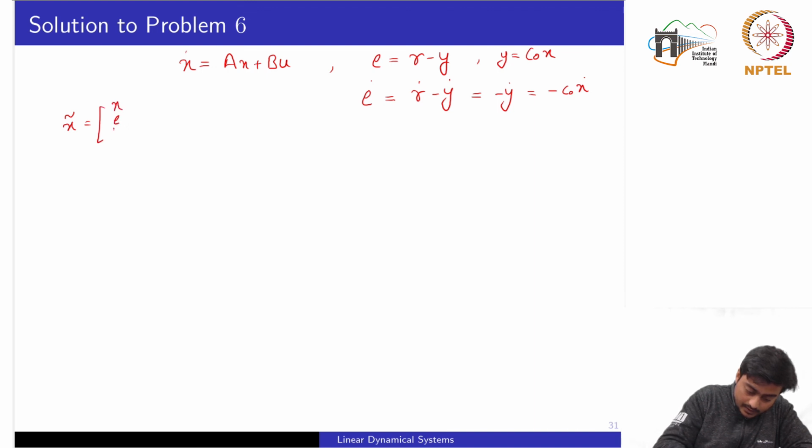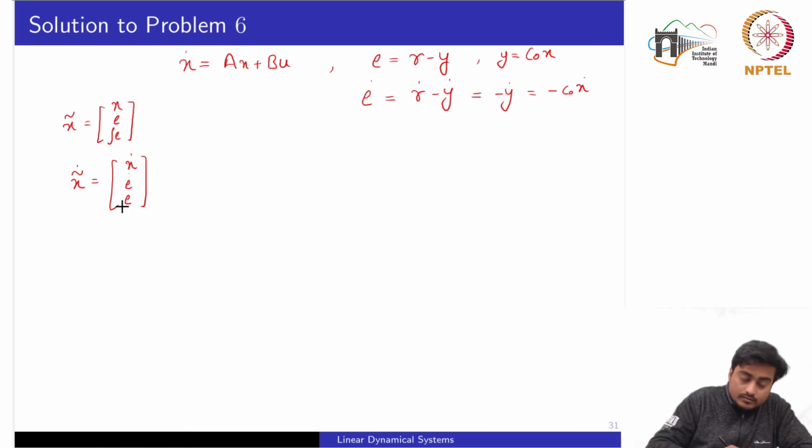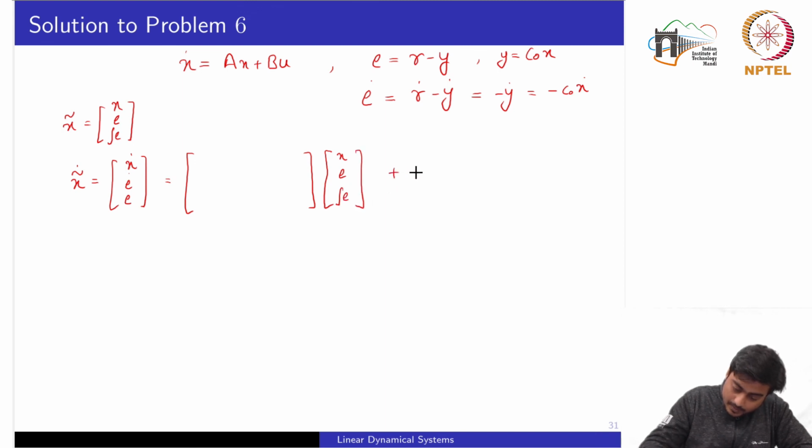Right? So let's write the state vector as x tilde: x, e, and the integral of e. For writing a parameterized state equation, I take the derivative of this x tilde, which would be x dot, e dot, and e. I need to form this matrix, where we have x tilde as x, e, and integral of e, plus some matrix times u.